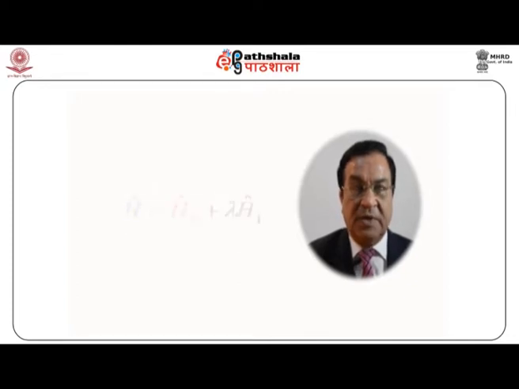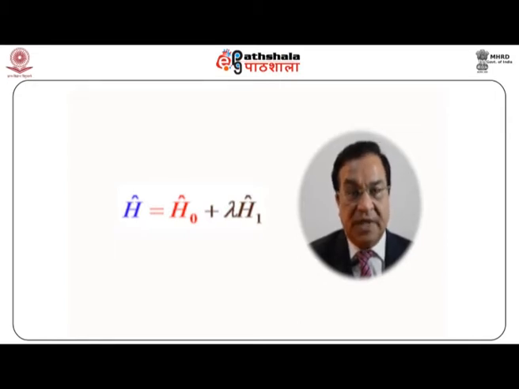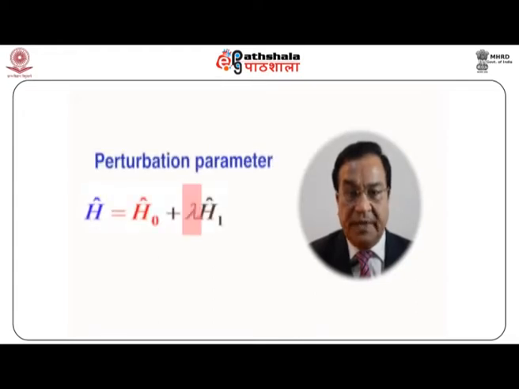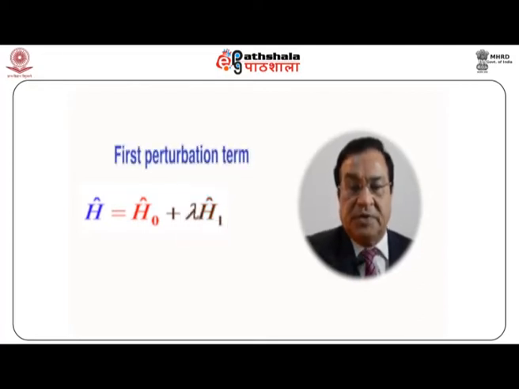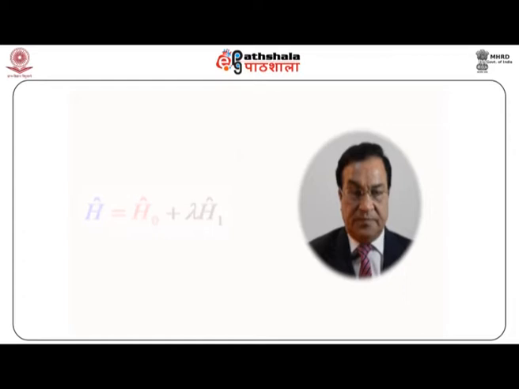Now this Hamiltonian H can be expressed as a sum of H0 plus λH1. Here λ is the perturbation parameter and the term λH1 is the first perturbation term.